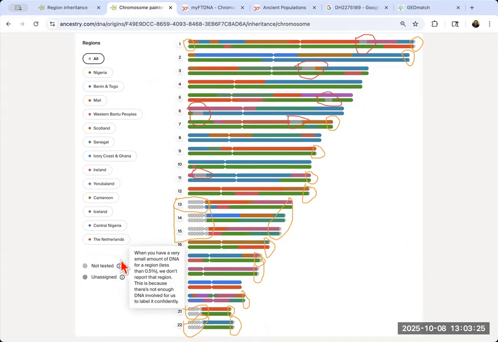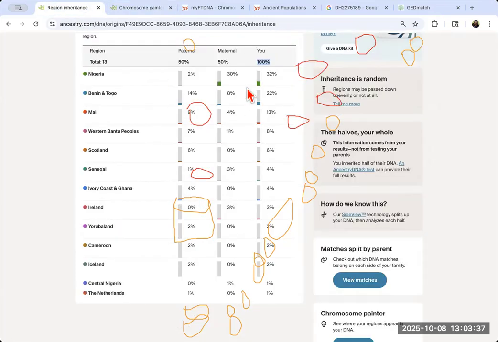The reason they say they don't report is because there's not enough DNA evidence for them to confidently label it. But don't you think you should list that as a possibility? Because now when we come back over here and look at the region inheritance, look at the red ones that you see on the screen.